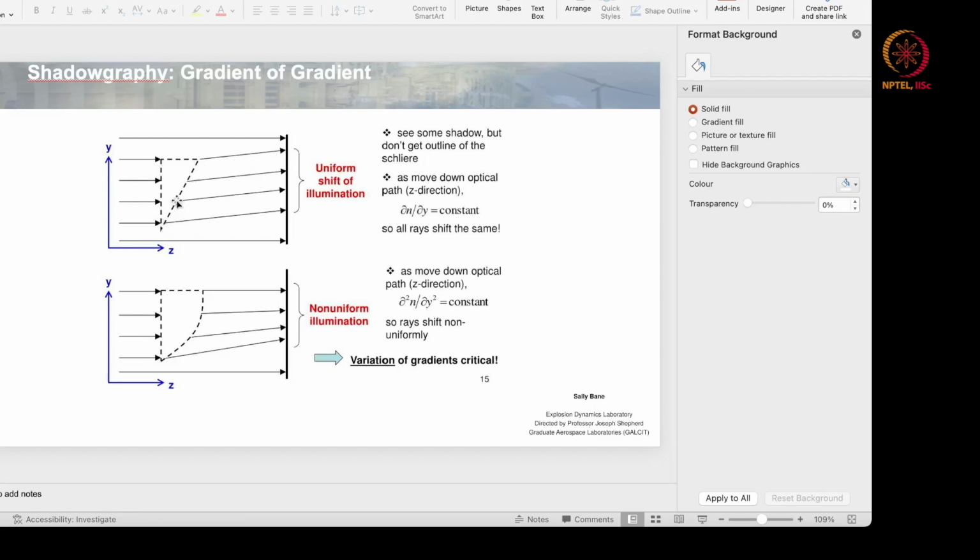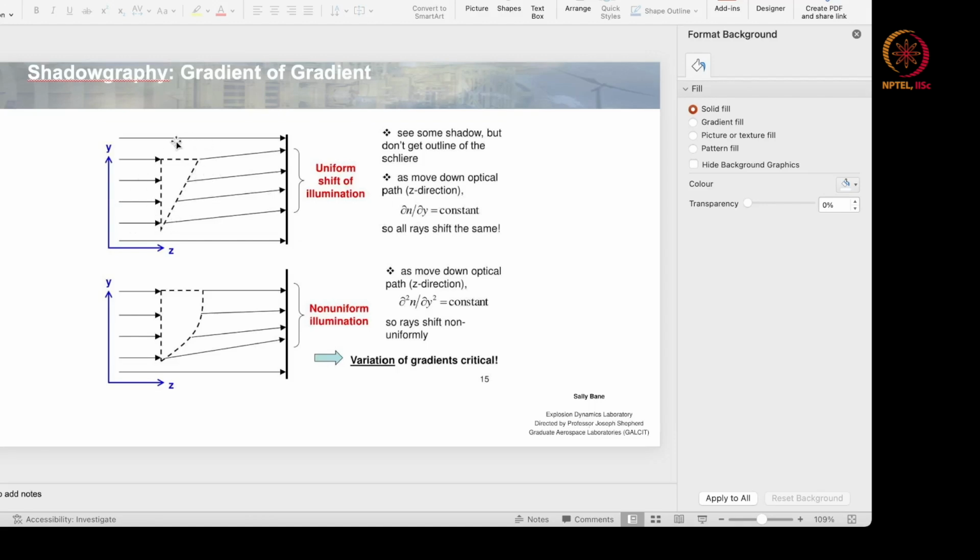So what happens is that all the rays entering this particular Schlieren, or the cross section of interest, are all shifted by the same amount. So we still get a uniform shift in the illumination. We see some shadow, but we don't get the outline of the Schlieren. As we move down the path, because of this constant gradient, all the rays shift in the same way. That is what you get here.